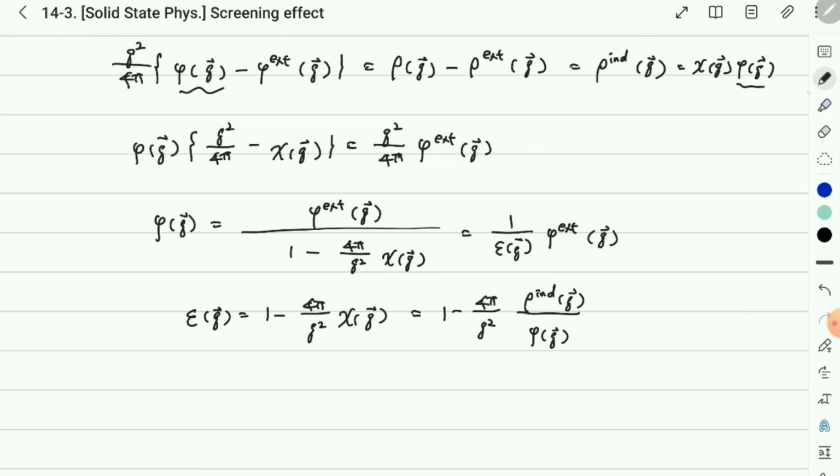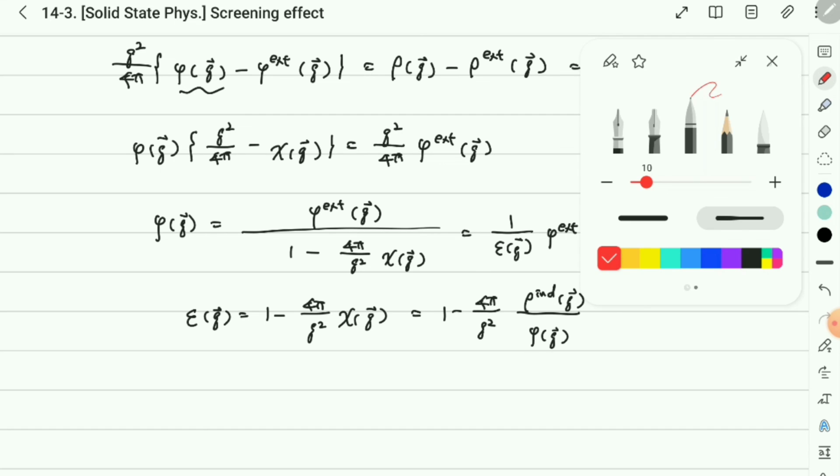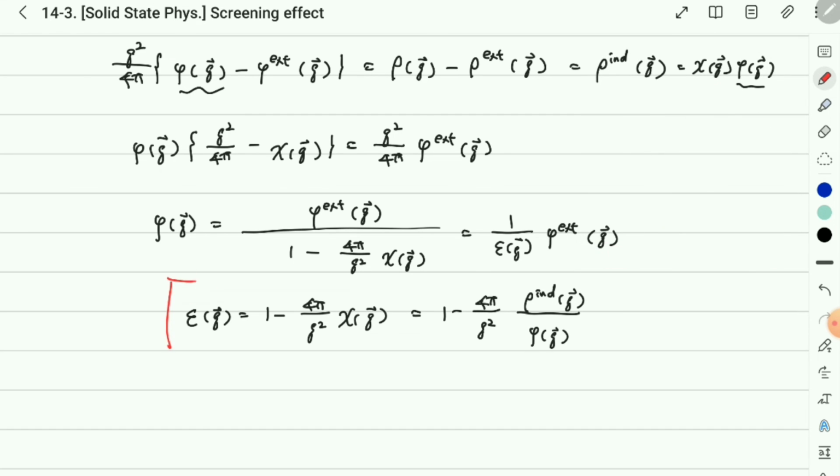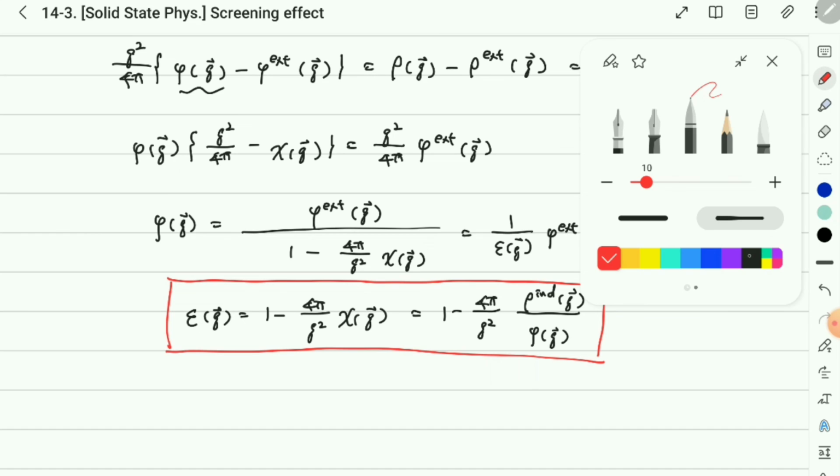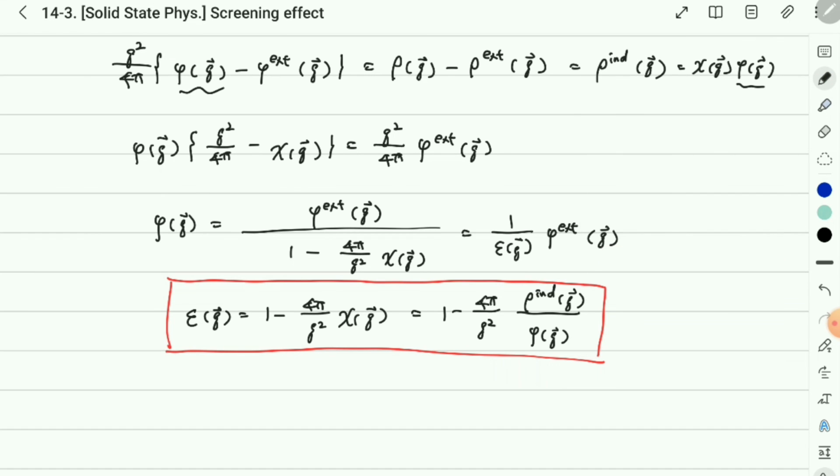And here is the definition, or the relation, of the dielectric function. Basically, the dielectric function originates from the potential. The potential makes the induced charge, and when there is no induced charge on a single ion, then epsilon is 1.